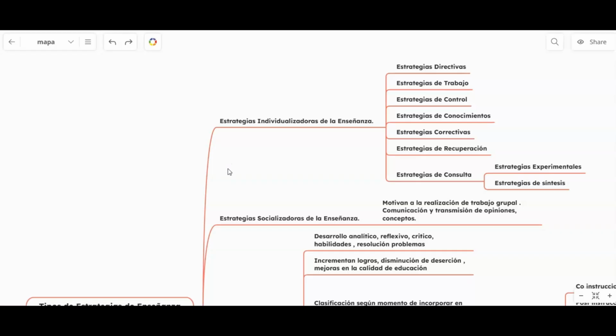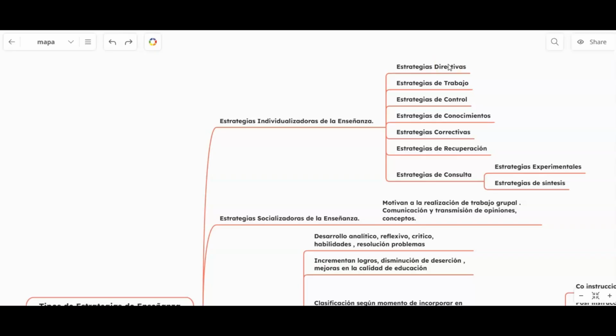Well, first of all, we have individualizing strategies. These provide support materials that guide the student and allow them to make their own decisions and work at their own pace. As it's self-explanatory, it's very individualistic for the student. For example, we have direct strategies, such as clear instructions and guidance, and let them be free.